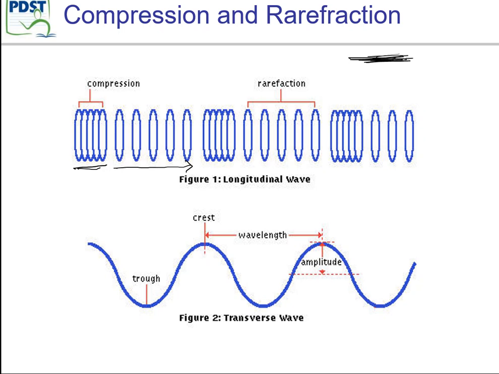The elongation part is known as a rarefaction. If we look at this spring, each compression and rarefaction will give you a wave, like a single wave. So how many compressions and rarefactions you have will give you the number of waves you have in that spring.